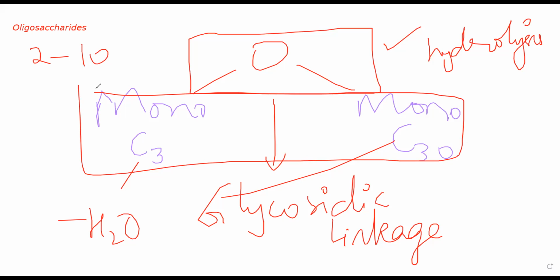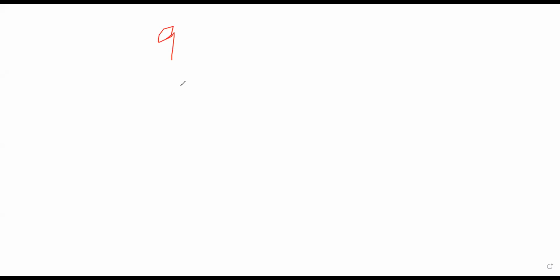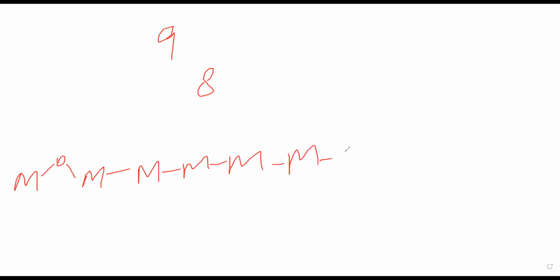Now, the glycosidic linkages are essentially covalent bonds. The number of glycosidic linkages will be one less than the total number of monosaccharides. So, for example, if there is an oligosaccharide that has 9 monosaccharides attached, you will have 8 glycosidic bonds in between them. For example, this represents one monosaccharide, this is one, I draw them like this for convenience, 3, 4, 5, 6, 7, 8 and 9. This is the oligosaccharide with 9 monosaccharide units.